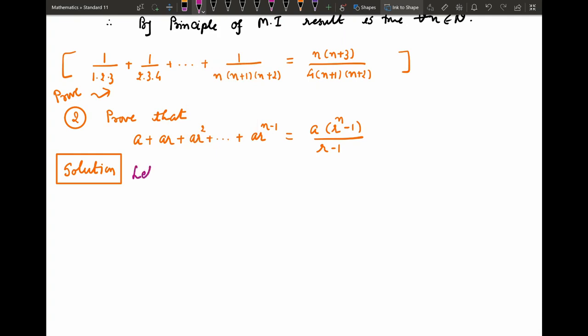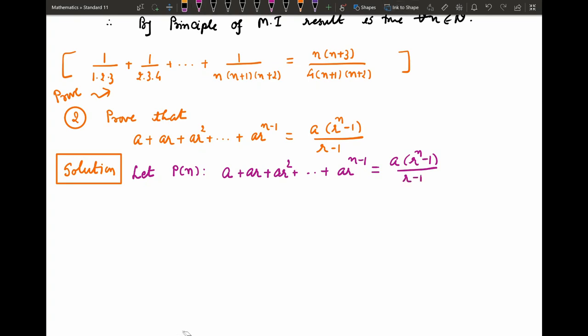So let P of n where a plus ar plus ar square and so on up to ar raised to n minus 1 equal to a into r raised to n minus 1 upon r minus 1.